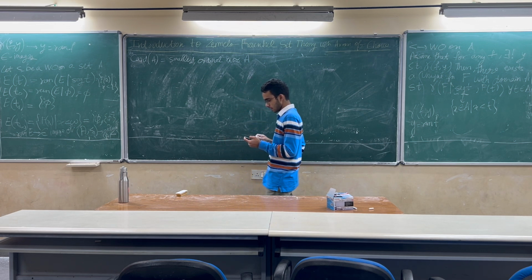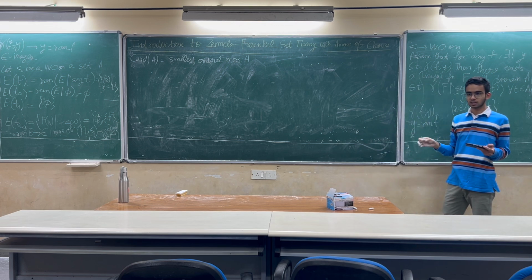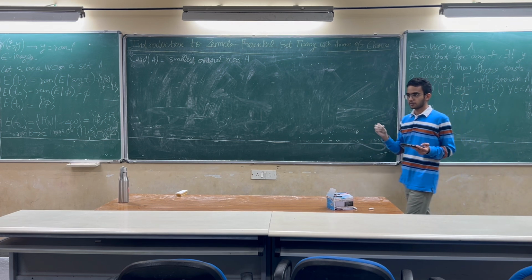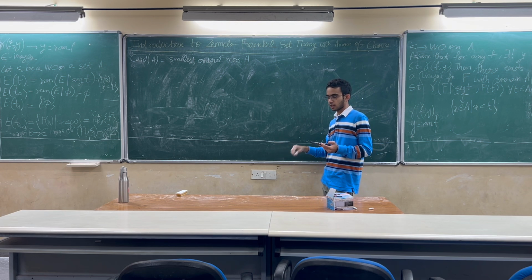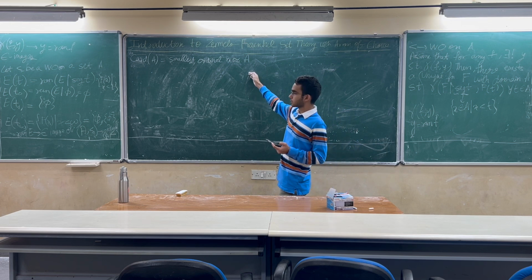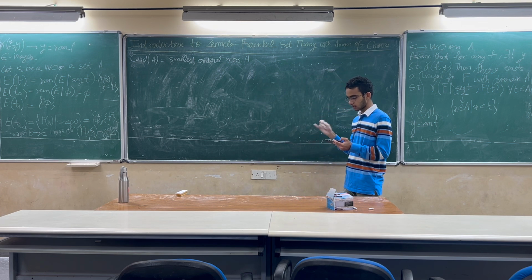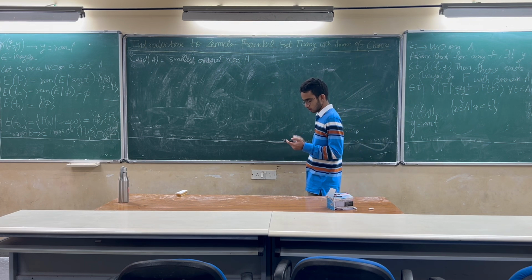So basically, while defining cardinal numbers, the main thing was that from each class of equinumerous sets, we have to pick a representative. If the sets are finite, we pick the representative to be the unique natural number in that class. But if they are infinite, then we choose the smallest ordinal in that class of equinumerous sets, and we define that to be a cardinal.